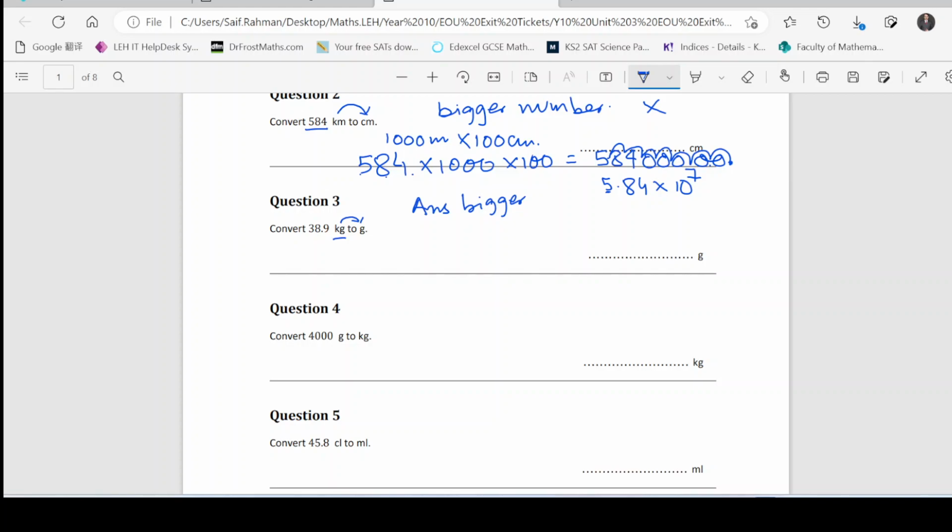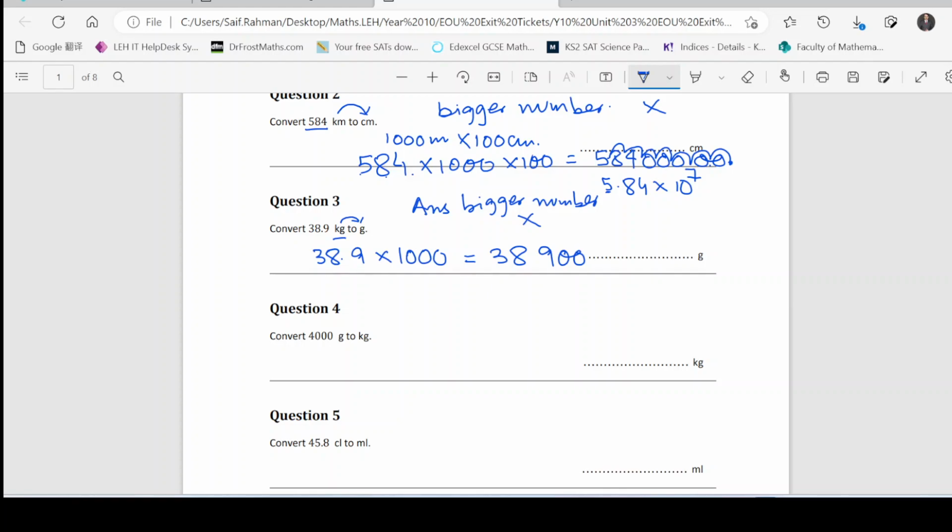Because kilogram to gram, the unit is 1000, as 1000 grams make a kilogram. And this will give us 38900. Because when you multiply with 1000, this digit has to be moved 3 places towards the right. So from here, if we move 3 places, it gives 38900 gram.